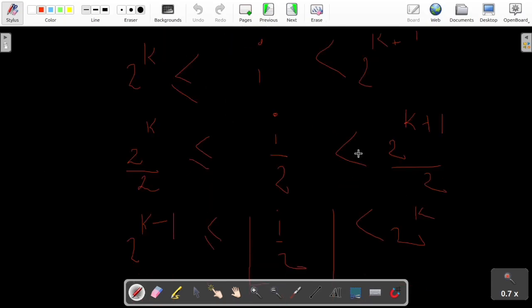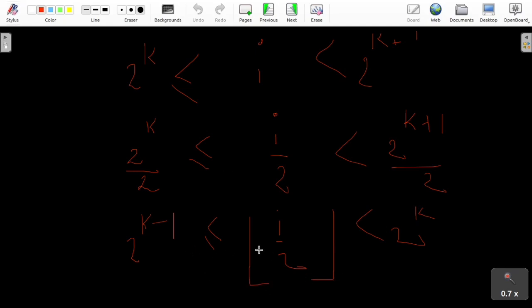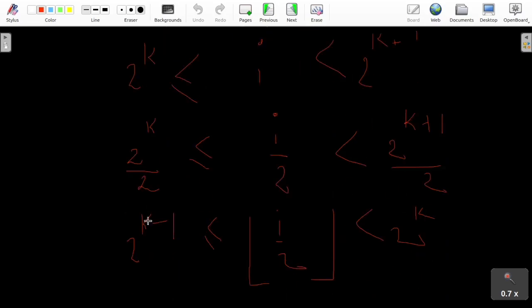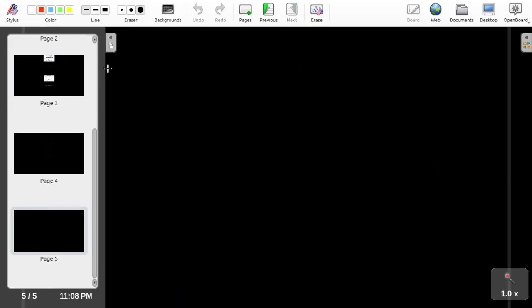Then we simply divide all sides by 2 and we get this equation. And I again take the floor over here because we are dealing with integers in our code also. Nothing changes. Everything was the same. We divide on both sides by 2.